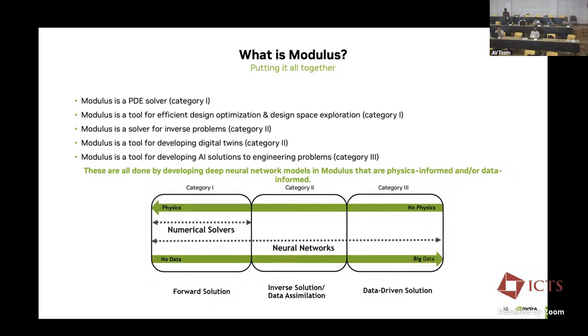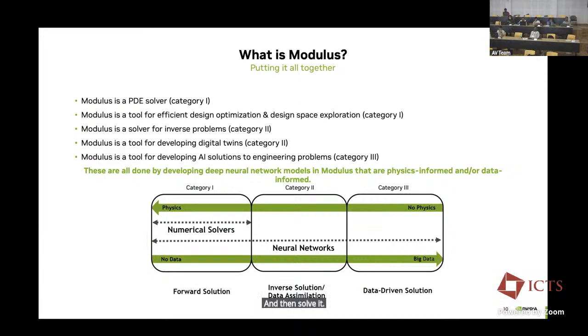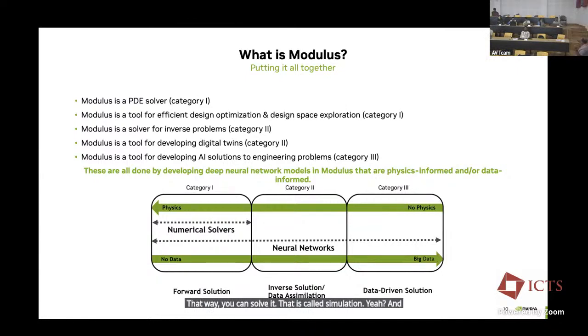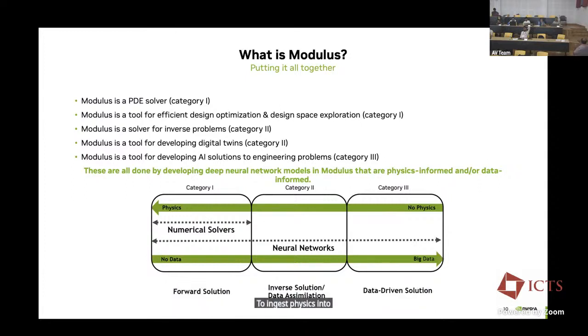See, PDEs you can directly solve by discretizing on some geometry. You discretize, you make a finite difference or finite element or whatever, and then solve it step by step. That way you can solve it. That is called simulation. And what you are doing here is, instead of taking that PDE, you are making a neural network to ingest physics into it, and then that neural network itself will give you the solution.